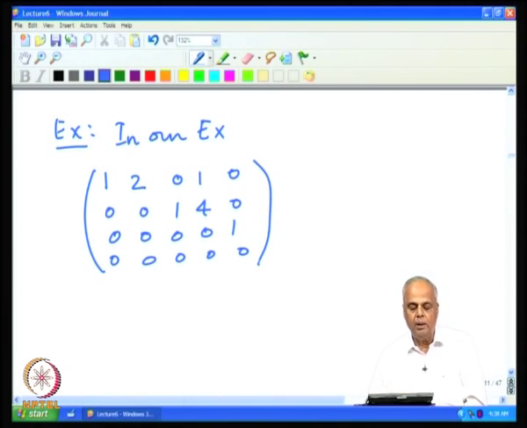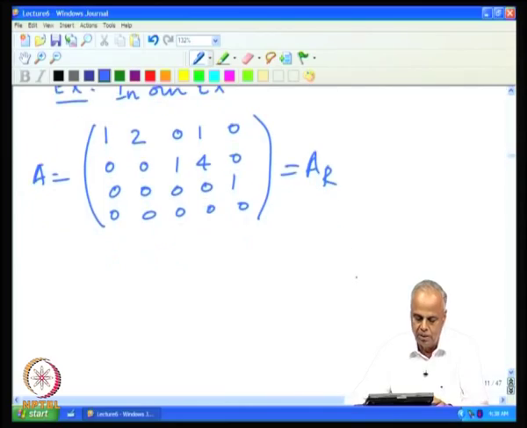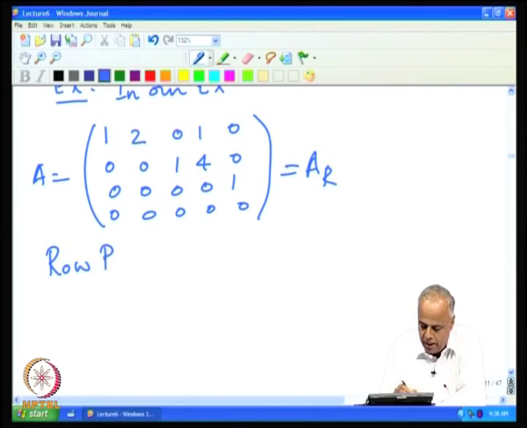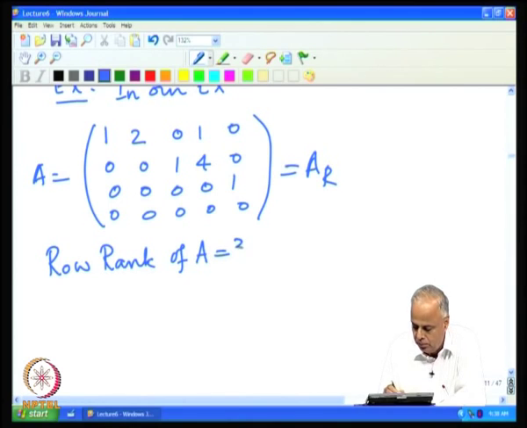If you look at this matrix, this is already in row reduced echelon form, so we do not have to do any reductions. That itself is its row reduced echelon form. How many non-zero rows are there? There are precisely 3 non-zero rows. So, the row rank of A is equal to 3.